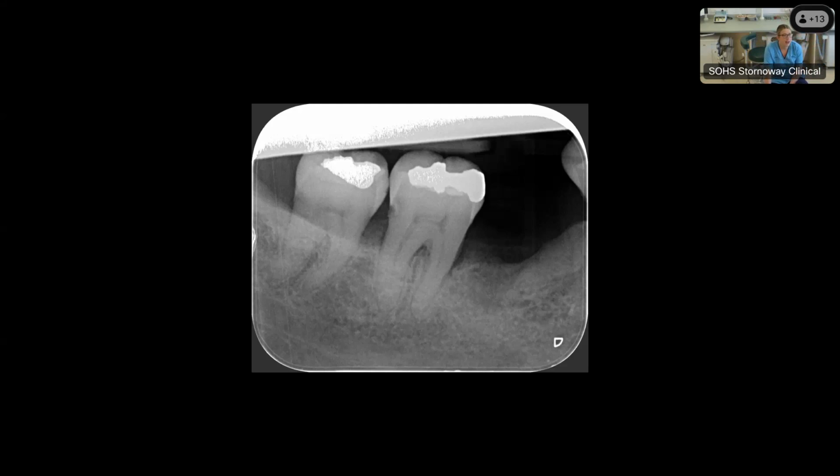This is the ideal way to look at an X-ray. In fact, if anything, it's a bit big. One of the downsides of digital radiography, and there aren't many, is the capacity to over-manipulate your image, to darken it and lighten it, to zoom in excessively, and the background that you're viewing it on.